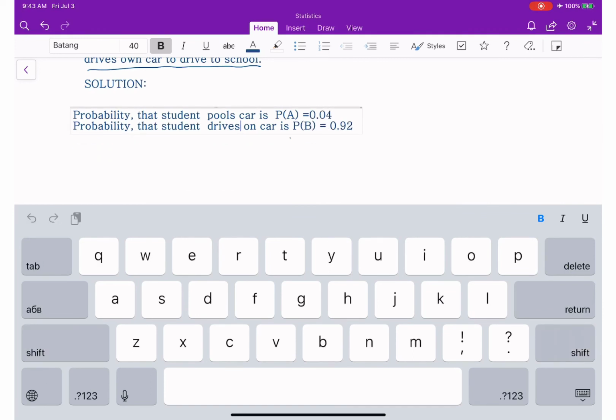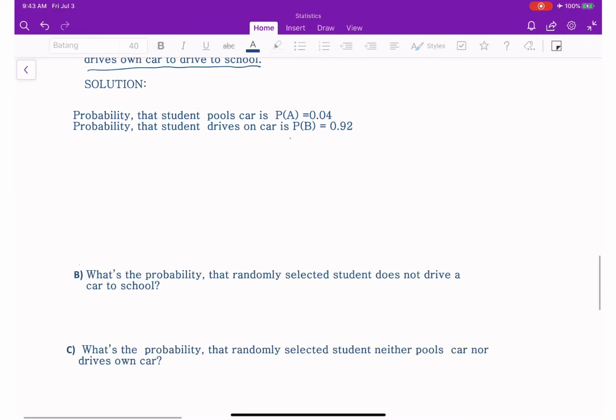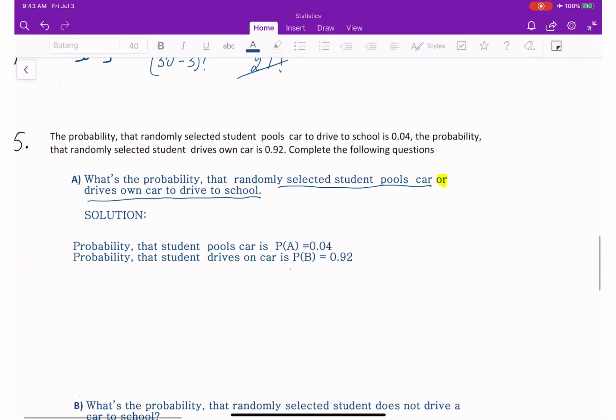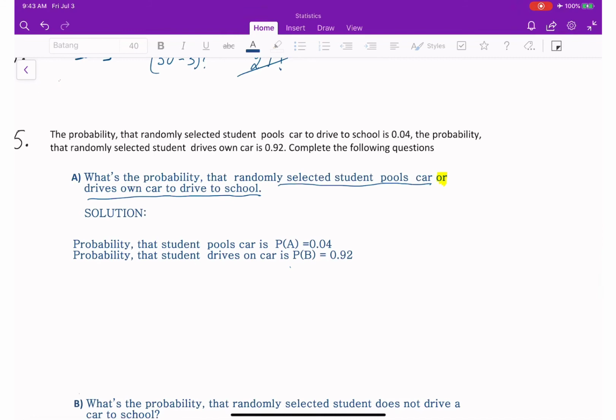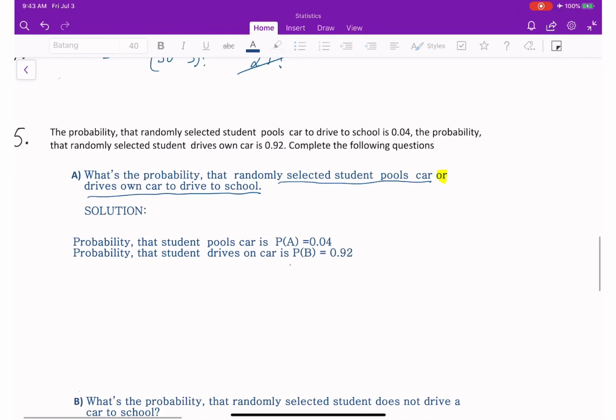Okay, so I wrote down, prepared already, that probability that student pulls the car. Here it is.